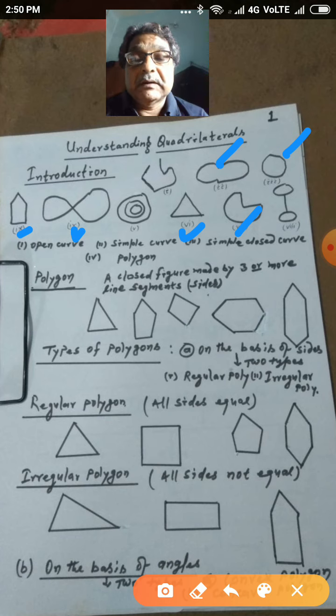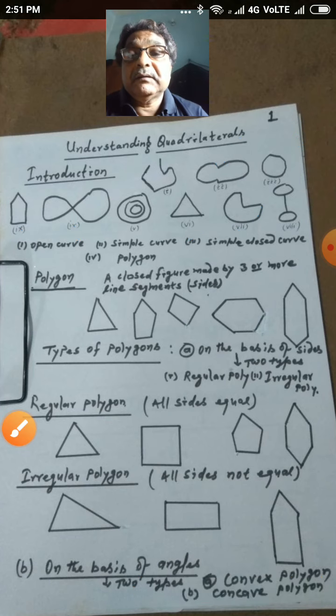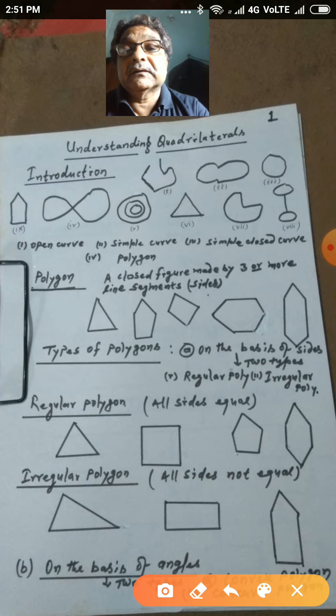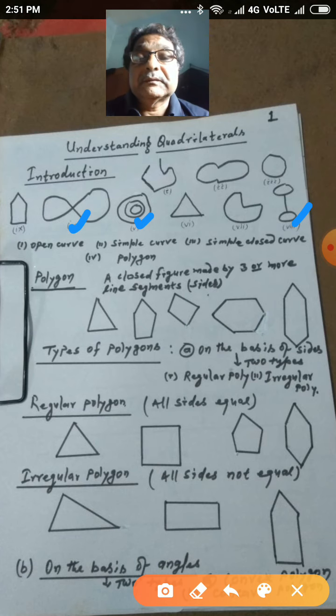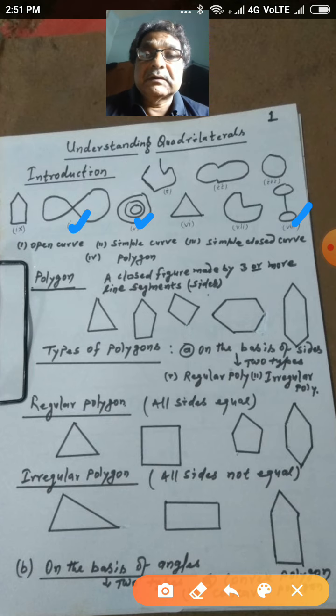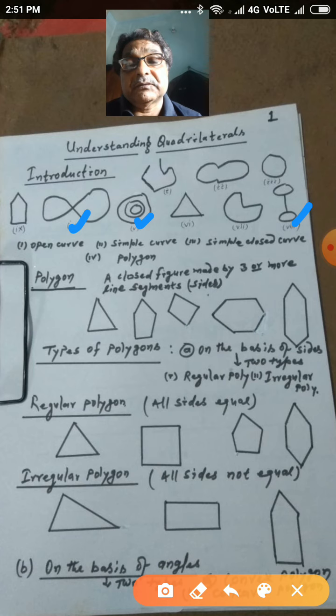Okay student. Now the remaining figures, that is this one and this one. If I ask students whether these are also simple, quite naturally you will reply, no sir, these figures do not look like simple curves. So actually these are complex curves or not simple curves.